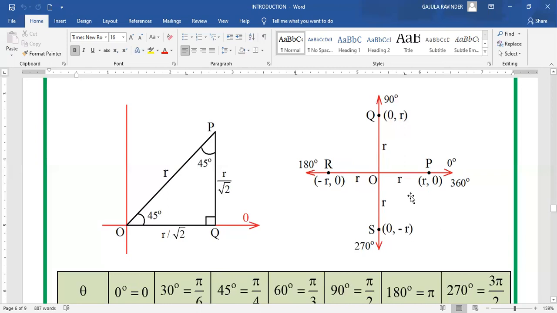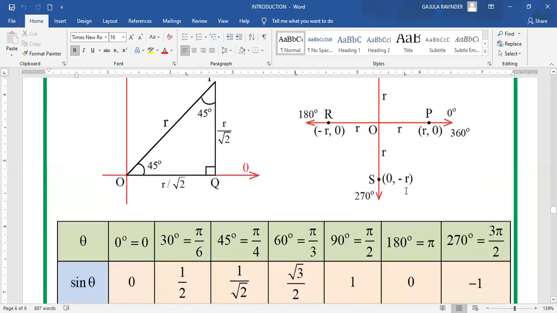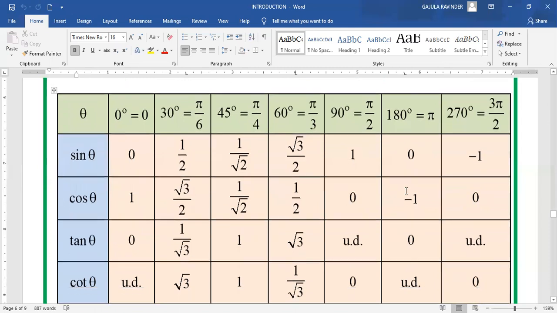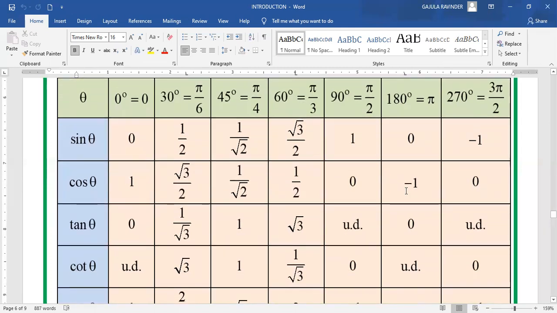So this is the diagram for the terminal rays along the coordinate axis, and the trigonometric ratios of angles along the coordinate axis will be defined from this diagram.